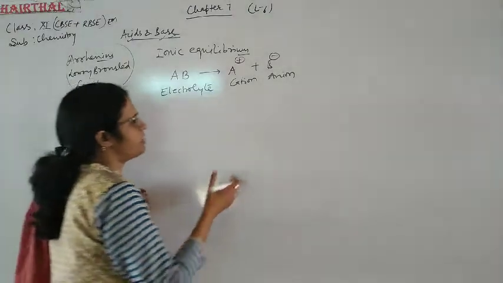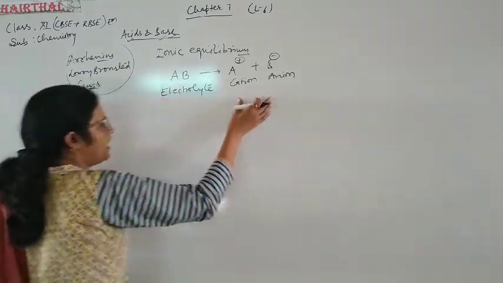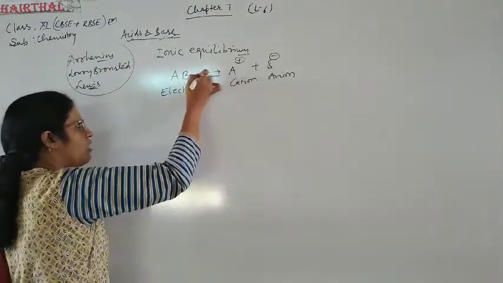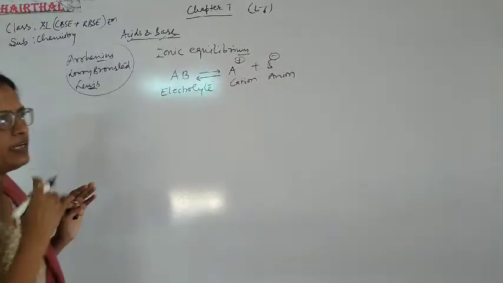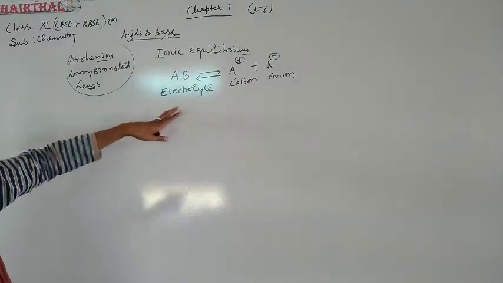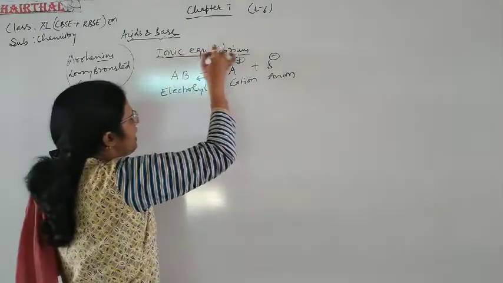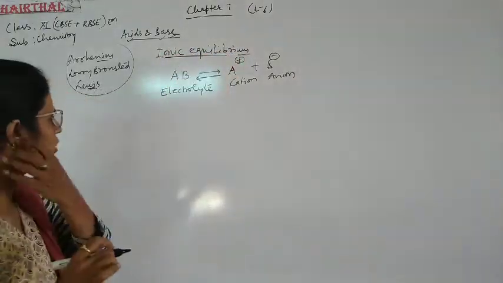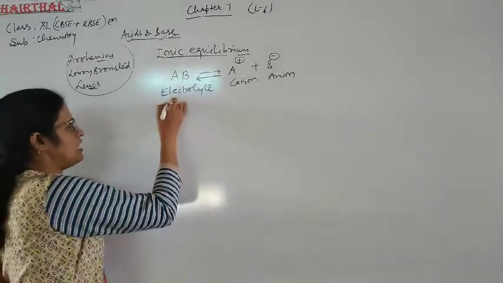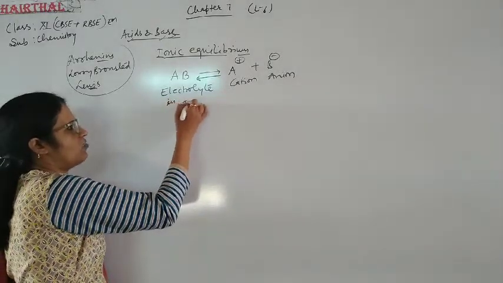And after some time, these cation and anion combine and form the electrolyte again. Then the equilibrium formed is known as ionic equilibrium, of an electrolyte in aqueous solution.